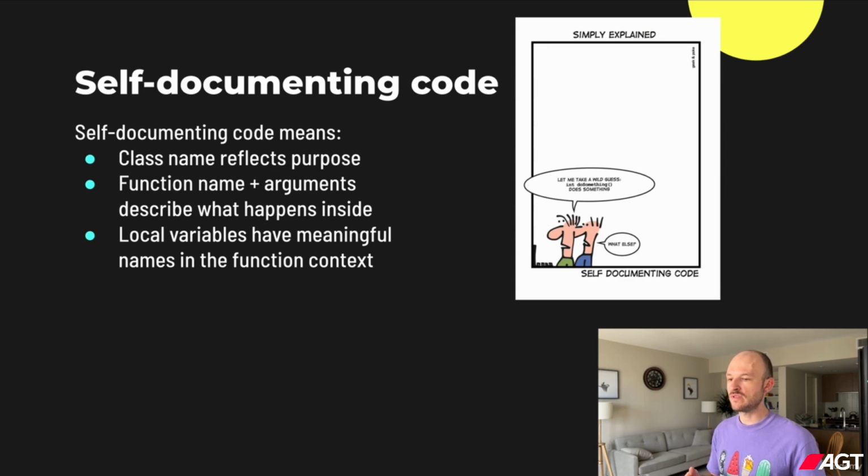Local variables within a function have descriptive names that make sense within the context of the function. By following these simple hints, most of the code won't require any additional documentation. However, it's important to choose names carefully as they play a crucial role in the self-documenting code approach.